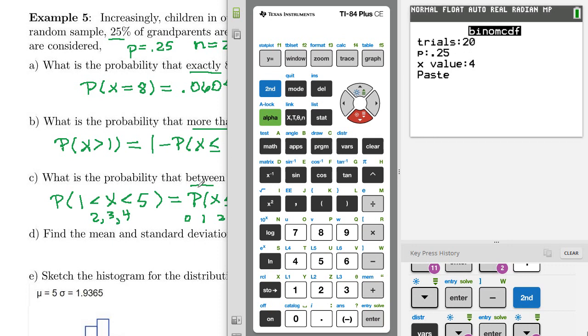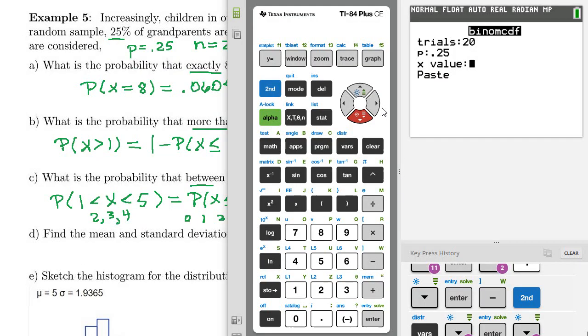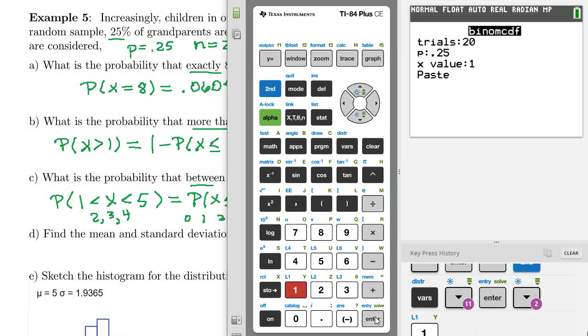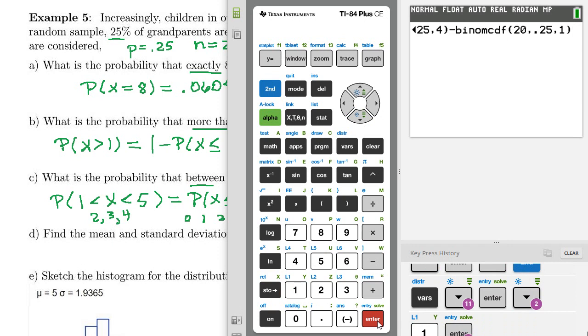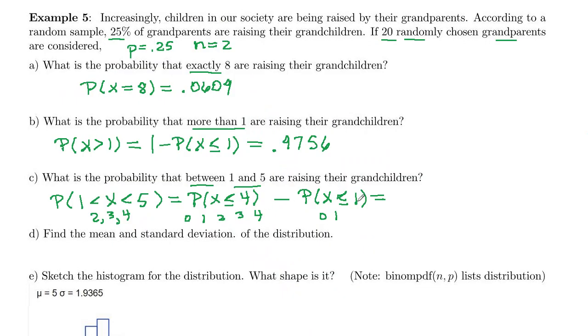N and p are still the same. We're doing less than or equal to 1, subtracting that off, so I need to change that 4 to a 1. Enter, paste, and we've got our subtraction there. Enter computes it: 0.3905. If it helps you keep track, you can write out the binomial CDF command, but that's not necessary.